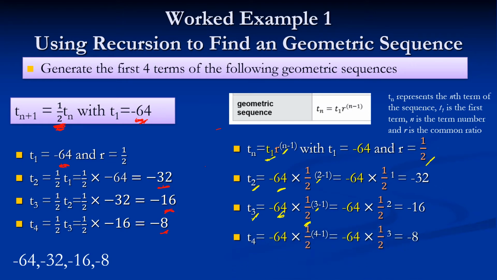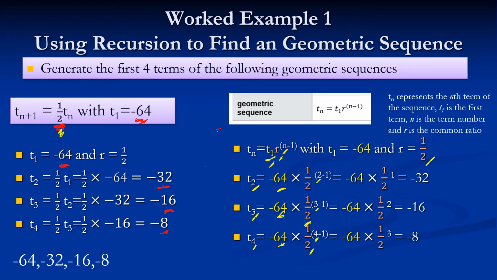And then let's have a look at term 4. So it's going to be the first term multiplied by our common ratio to the power of our term number minus 1. So it's negative 64 times a half to the power of 3.